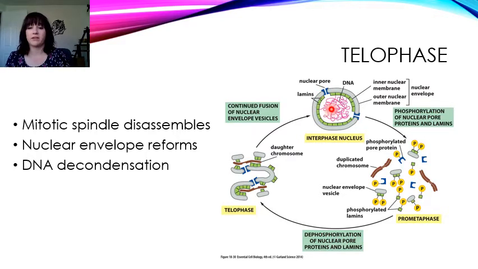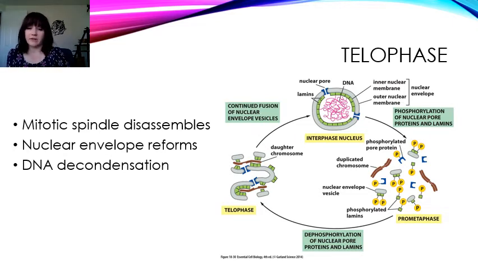So when the cell gets a signal that it is time to degrade the nuclear envelope during prophase, what happens is things get phosphorylated. So the nuclear pore proteins as well as the lamins get phosphorylated, and the addition of this phosphate group will cause them to become destabilized and to separate into little pieces. And so now the nuclear envelope is gone.